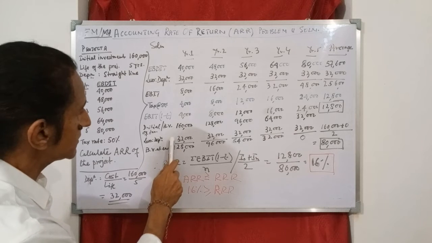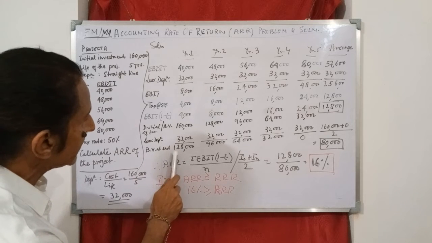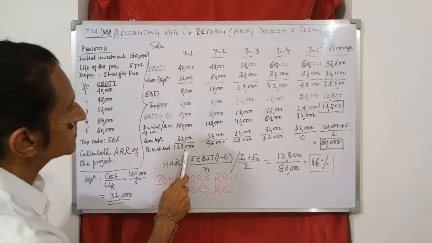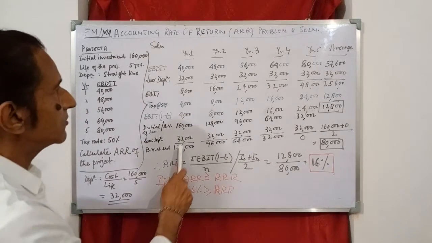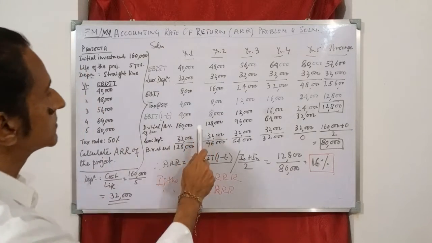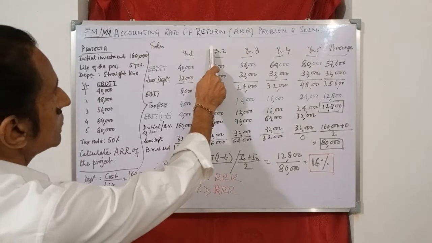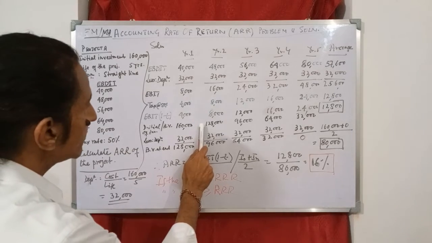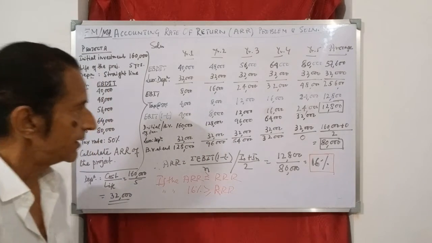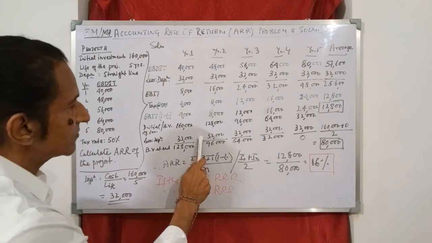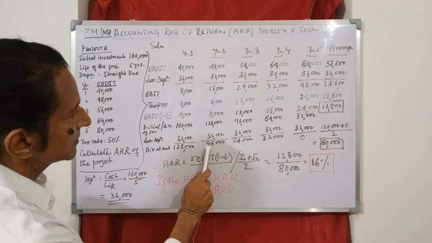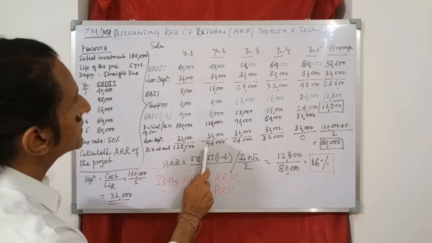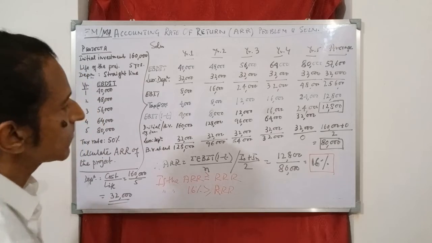We have deducted that, so the book value at the end of the first year is 128,000. This will be the book value at the beginning of year 2. In year 2 we have put 128,000, again provided depreciation of 32,000 for the full year, so the book value at the end of year 2 is 96,000.